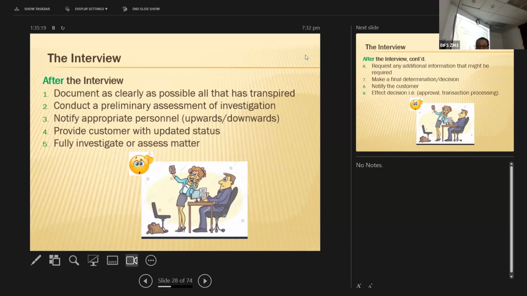And if necessary, you must fully investigate or assess the matter. So sometimes, for example, let's say a construction mortgage application, right?